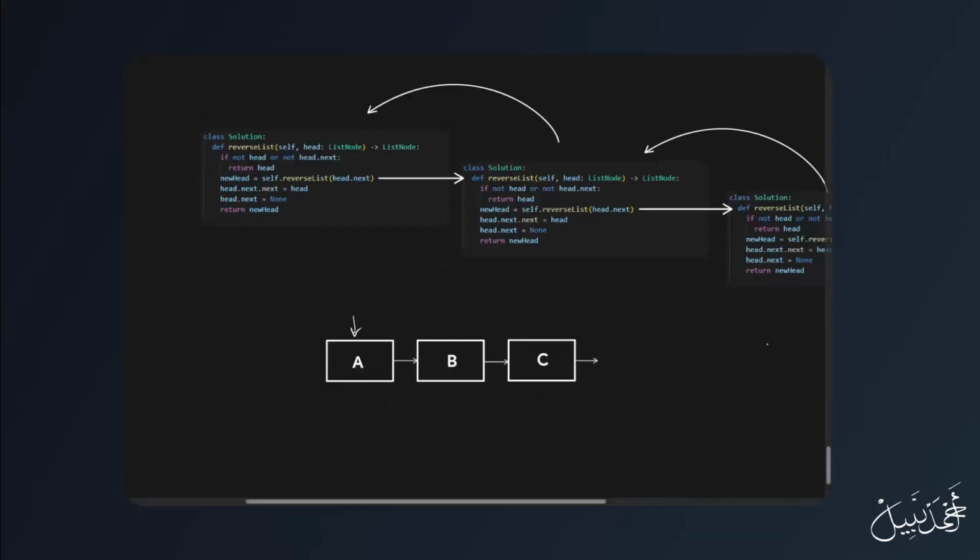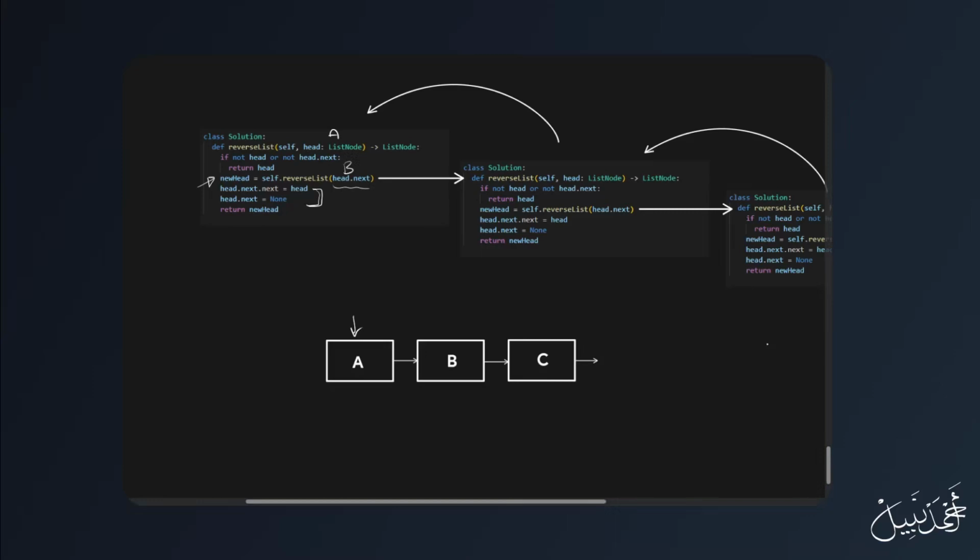This function is using A as head, so those two lines of code will modify the A node. But before this, we will make a new variable which is new head, and this will call the same function inside of itself, but here we will pass it the B node.